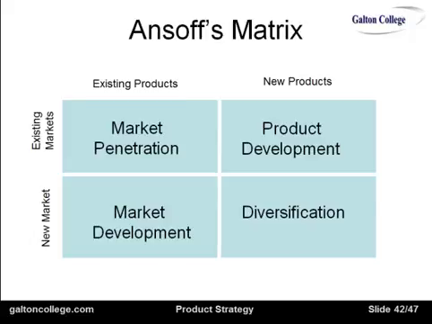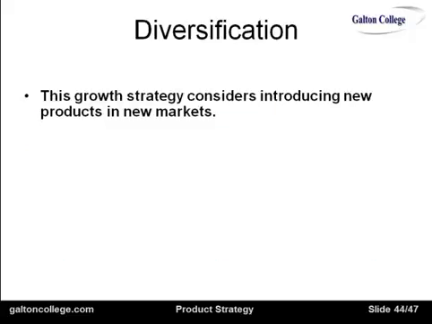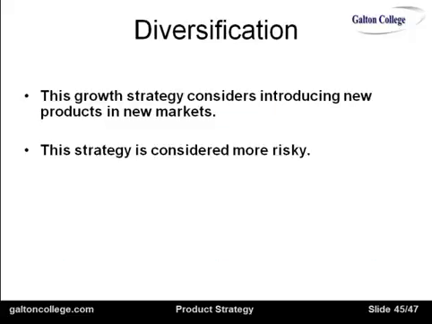That's our matrix. And the last one we need to deal with is diversification. This is when we have a new product in a new market. This is the most radical, I suppose. So introducing a new product in a new market. It's very risky because there are two unknowns here. The new market is the unknown and the new product is the unknown.